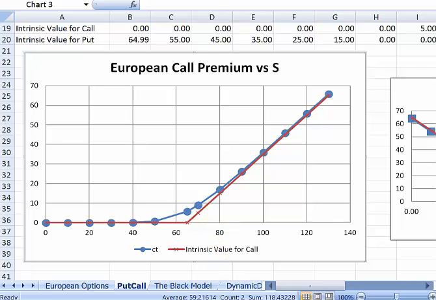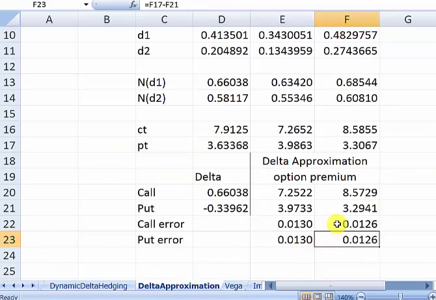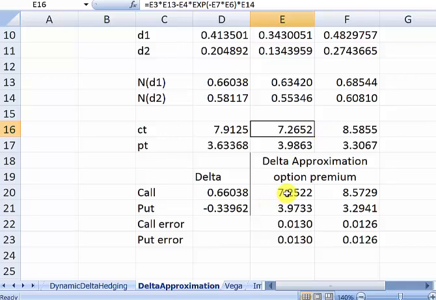Let's see. The theoretical price will always be higher than my approximation price. So 726 over 725 for the put, 398 over 397, and for the call, when the price goes up, Black-Scholes gives you 858, and delta gives you 857.